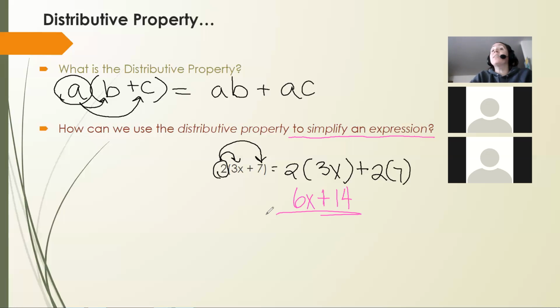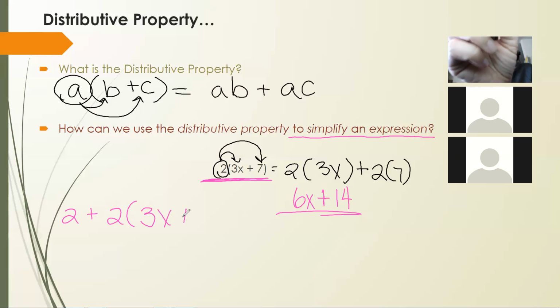Anytime you see a number in front of parentheses like that, you have to use the distributive property to simplify before you can combine like terms or solve. So this is a very, very important first step. And we only distribute the number right in front of the parentheses. If you had something like this, the only thing you would distribute is that 2, the number right in front of the parentheses.